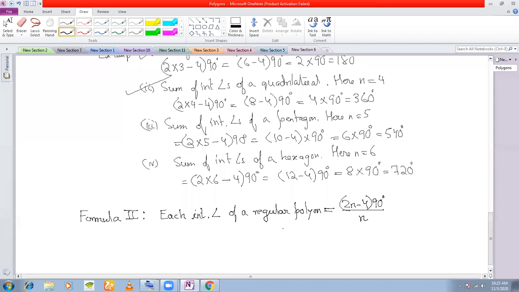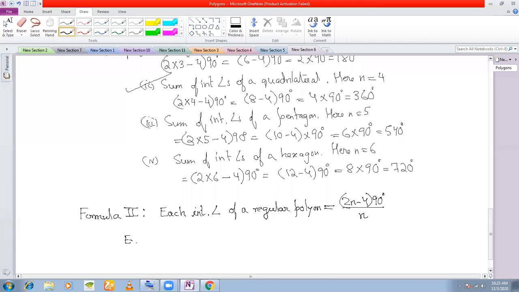So for example here, if I want to calculate each interior angle of say a pentagon, then how will I find each interior angle of a regular pentagon?